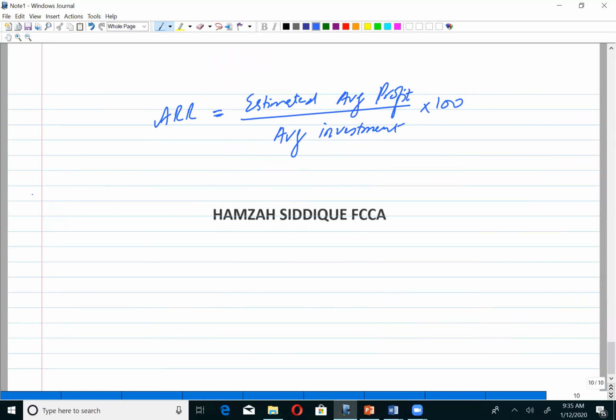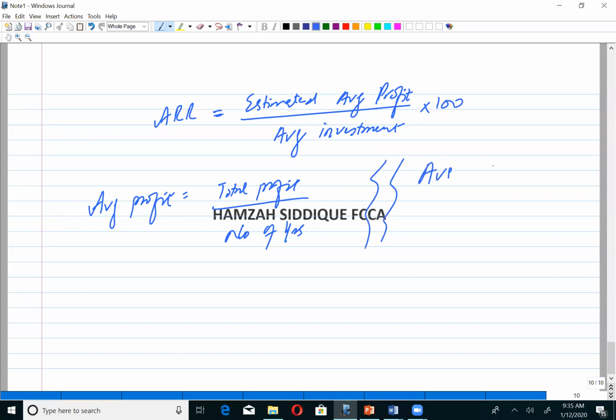Now, how to calculate average profit? Average profit is equal to the total profit of the project for all years divided by the number of years. And average investment is equal to initial investment plus scrap value, divided by 2.